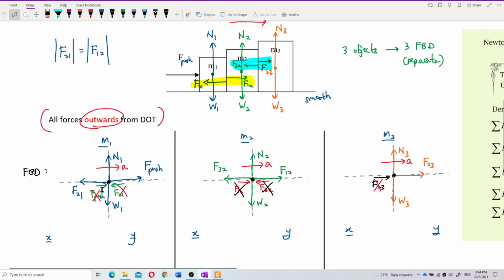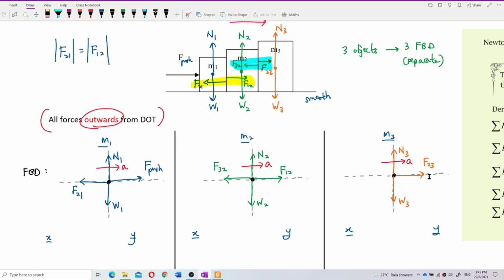So the pushing force I drag to here, F21 over here. This is the correct one. F12, I drag it over here, F32 over here. That is correct. Same thing goes for F23, which goes to the other side and becomes over here. That's correct.